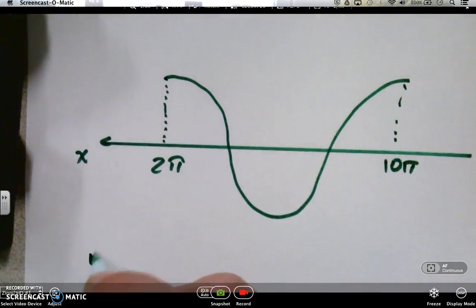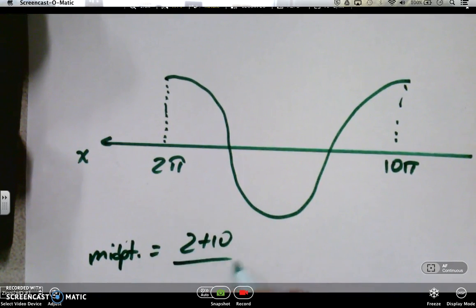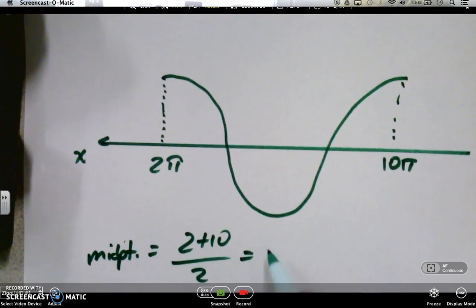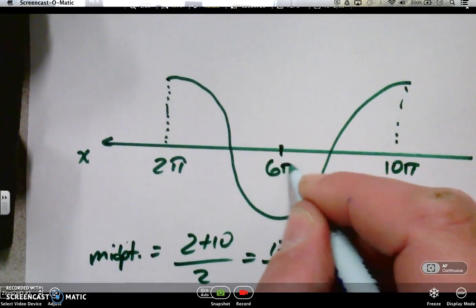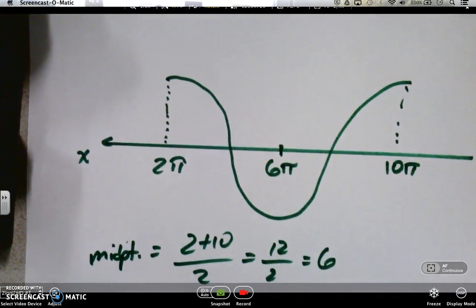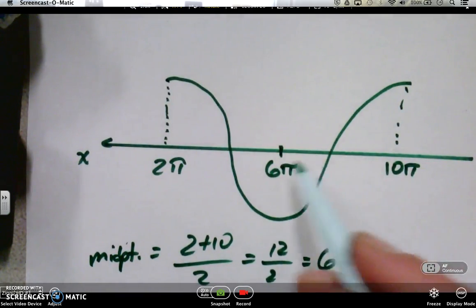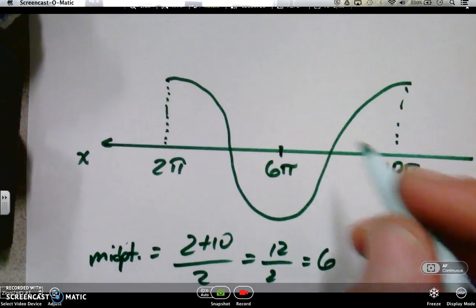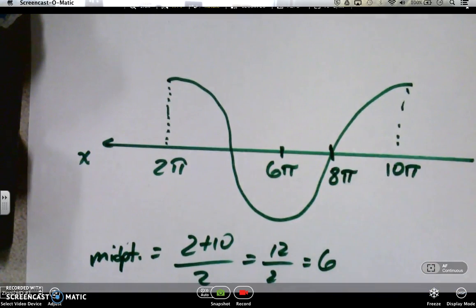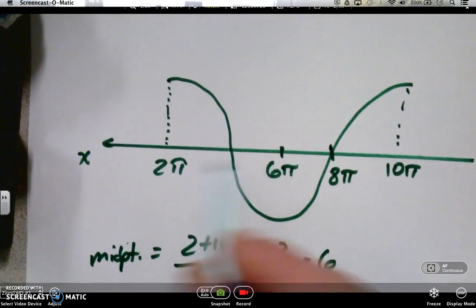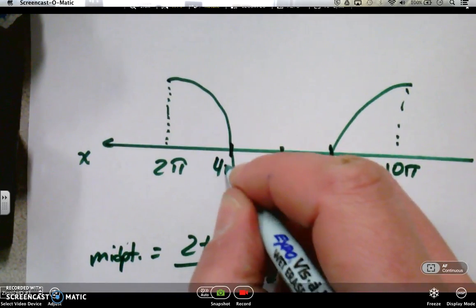The midpoint of 2 and 10 would be 2 plus 10 divided by 2. 2 plus 10 is 12, divided by 2 is 6. So the middle here is 6 pi. Same thing here. 6 plus 10 is 16, divided by 2 is 8. So the middle should be 8 pi. And for 2 and 6, the midpoint would be 4.